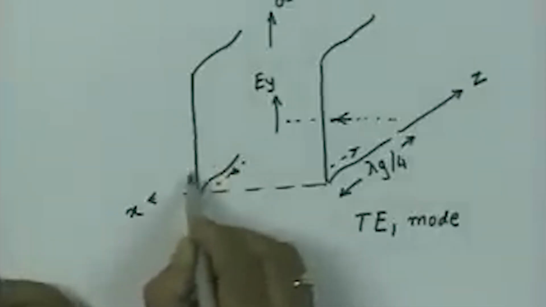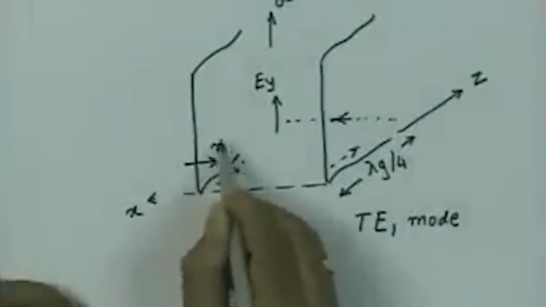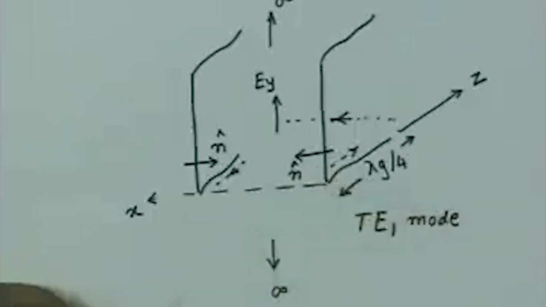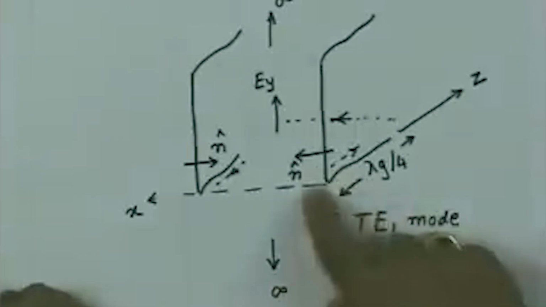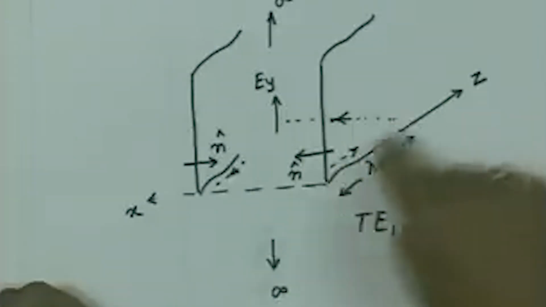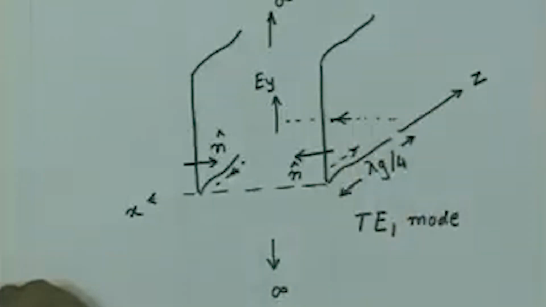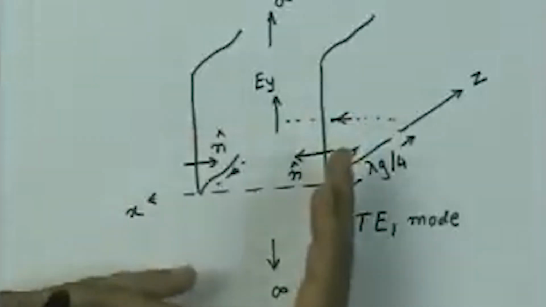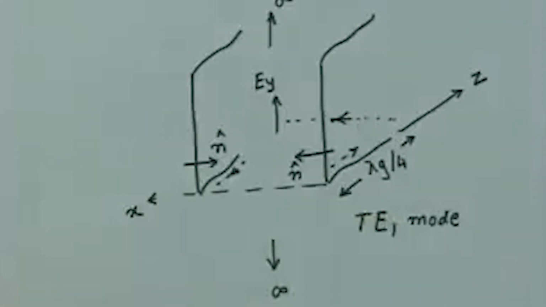So, this is my n. For this wall, this is n. Here the magnetic field is going tangential to this, which is in z direction. X direction magnetic field is 0. So, on the walls, I have only magnetic field component which is z component.